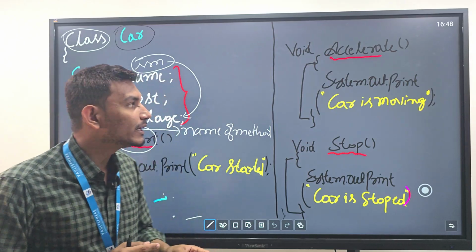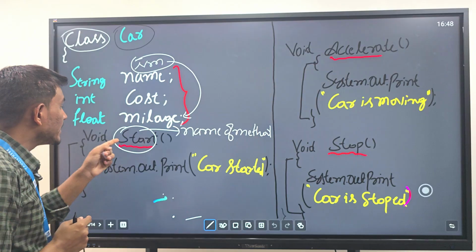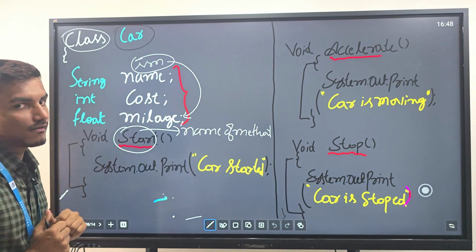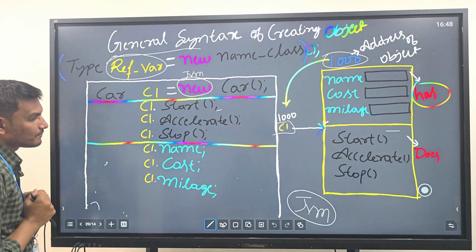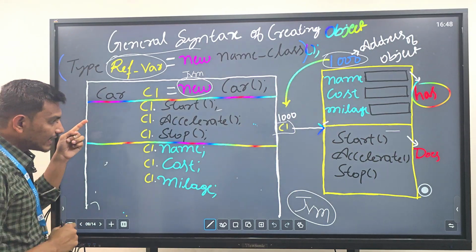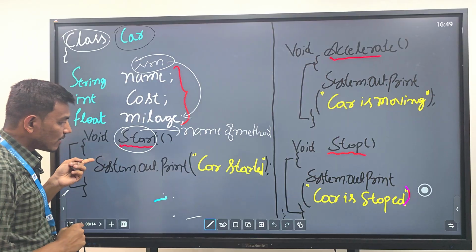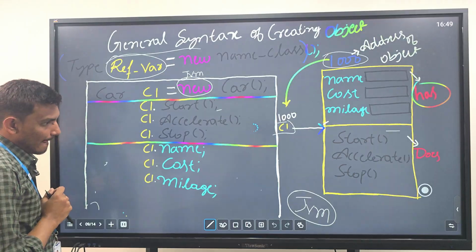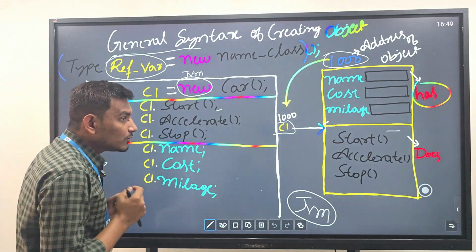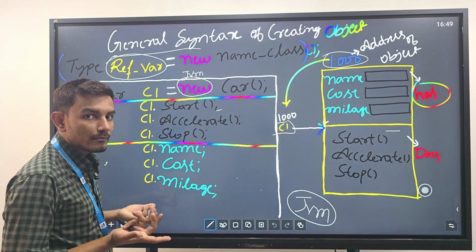You have to call the method which you had created in Java. Let me make this clear. Inside the class, you had created the method called start, with the body of one print statement, printing that the car is stopping. Now I need to call the method. How to call the method?